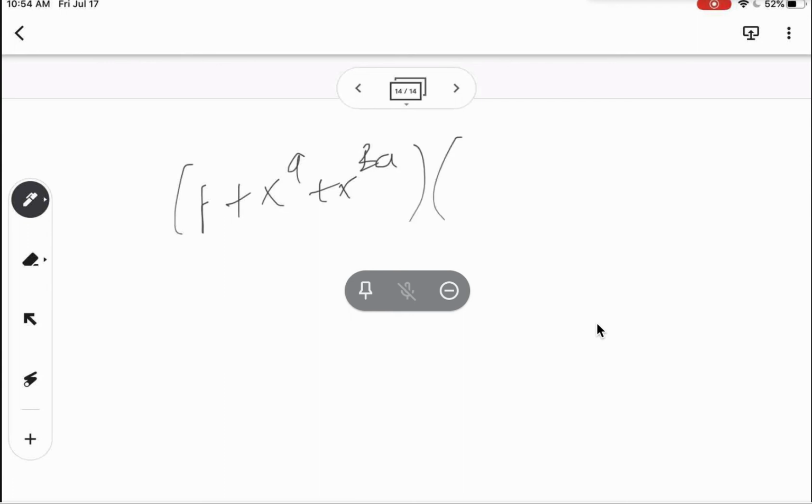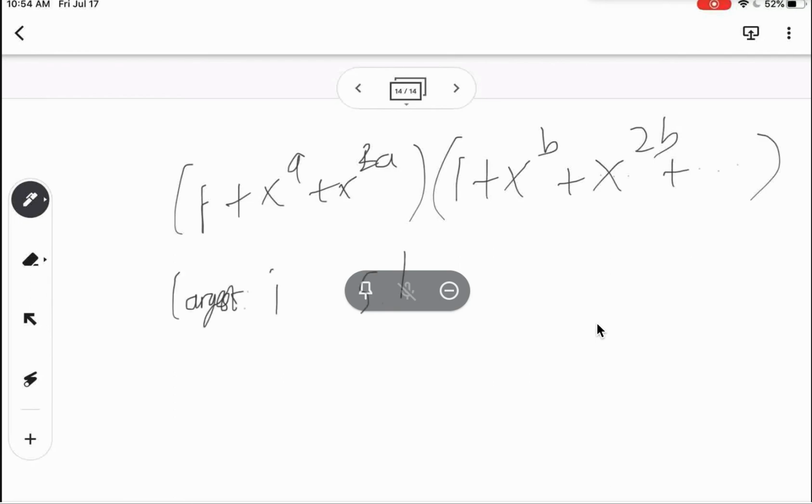And if you form this in terms of generating functions for the B cent coins, you have 1 plus x to the b plus x to the 2b plus all the way to infinity, right? So basically, what do we want to do? We want to find the largest I such that there is no x to the I term, right?